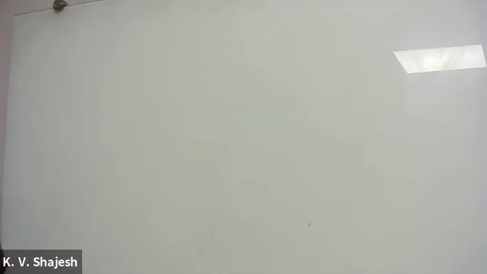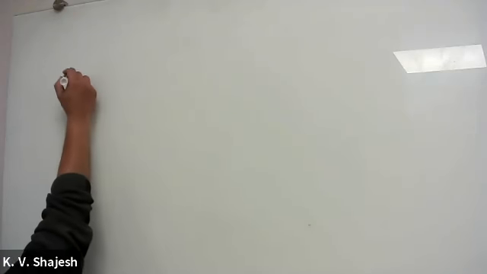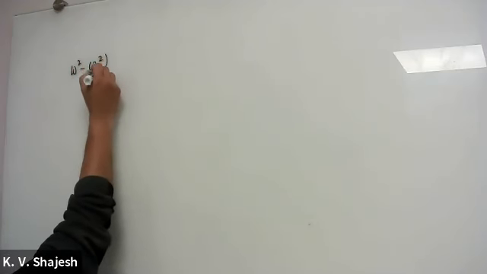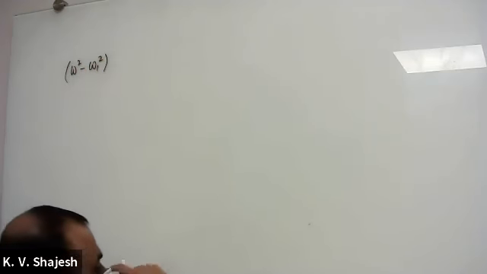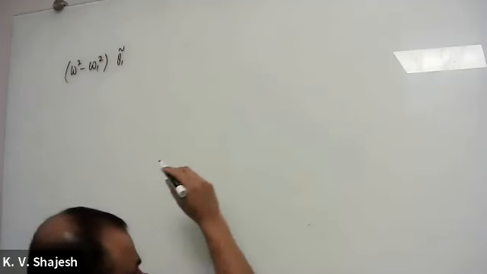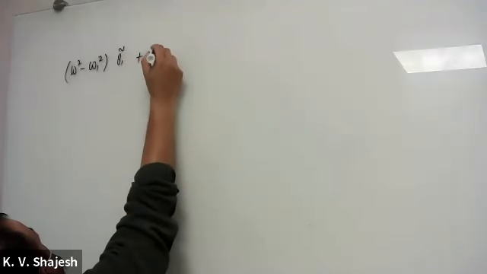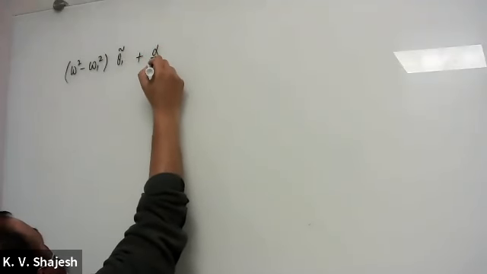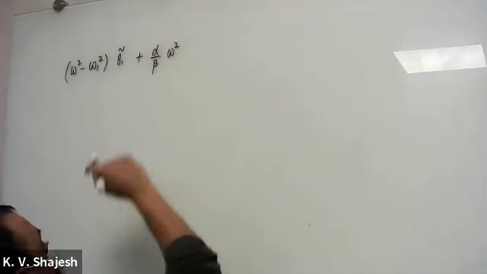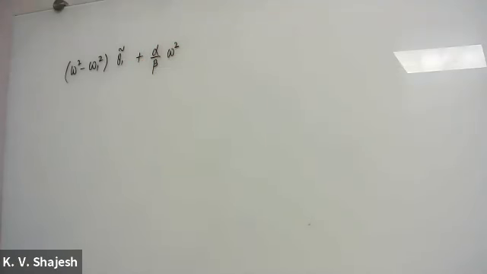So I have omega square minus omega 1 square times theta 1 tilde, plus alpha over beta times omega square times theta 2.